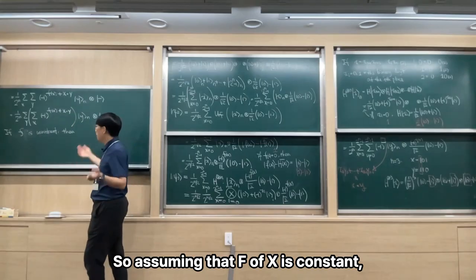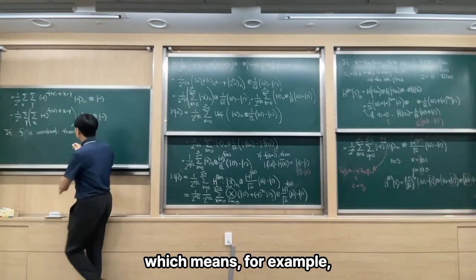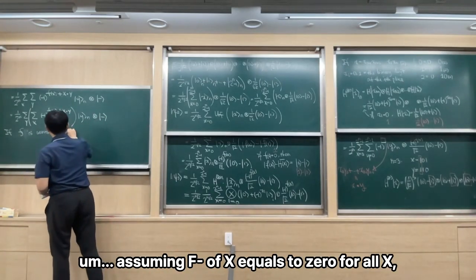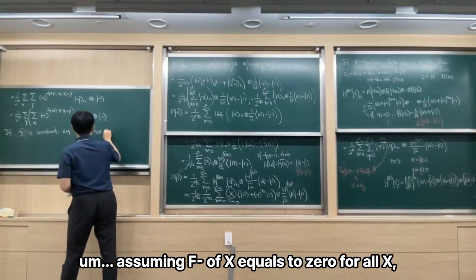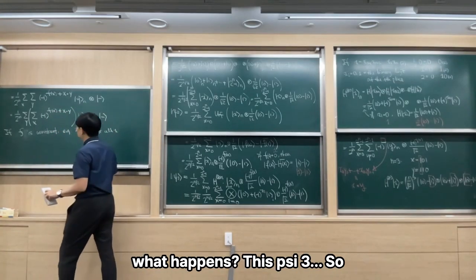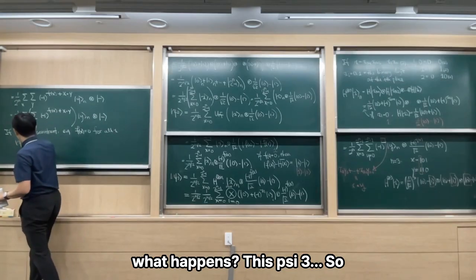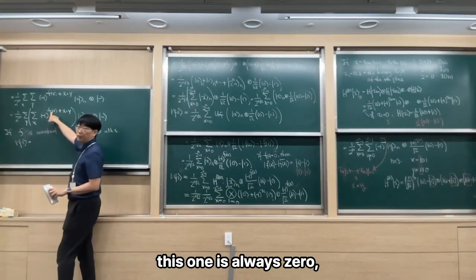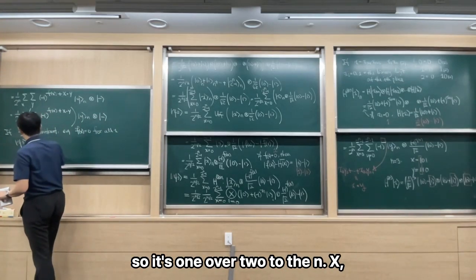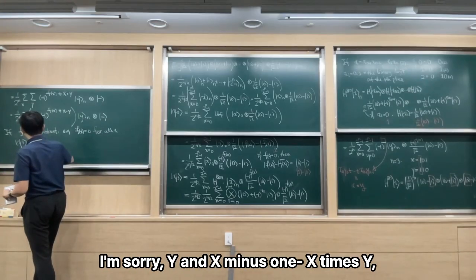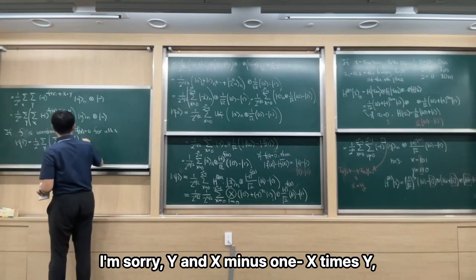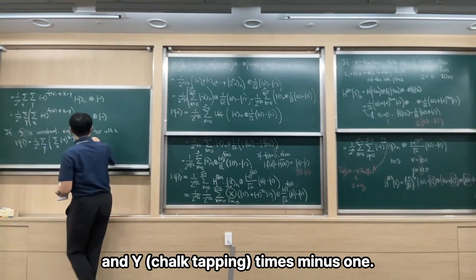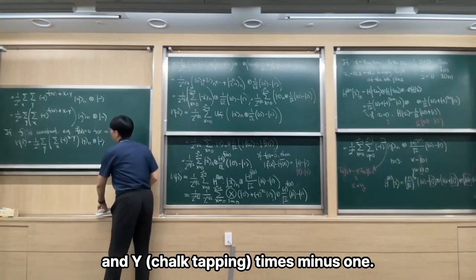So assuming that f of x is constant, which means, for example, assume f of x equals 0 for all x, what happens? This psi 3, so this one is always 0, so it's 1 over 2 to the n, sum over y and x, of minus 1 to the x times y, ket y.